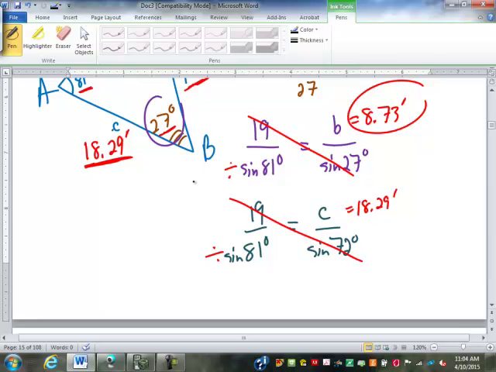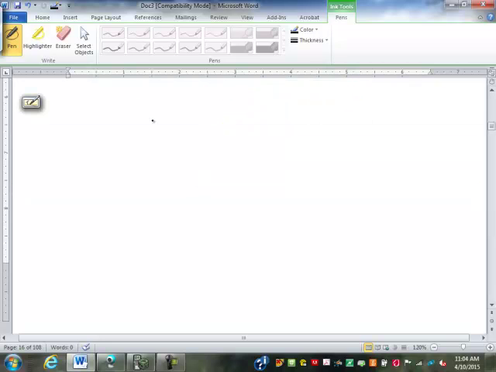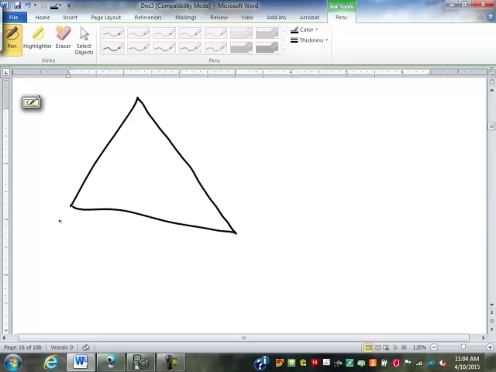So anytime we have two angles and one side, we can use the law of sines. If we have two sides and one angle, it can be a little more complicated. I'm going to show you this first case where it's not so complicated. Let's say this angle here is 53 degrees.